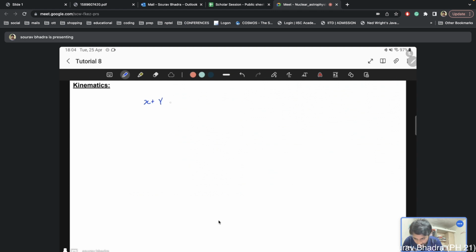Suppose this is the nuclear reaction we talked about: small x and capital X are the particles which are taking part in the nuclear reaction, and small y and capital Y are the product nuclei. Okay, so we can write this also like this.